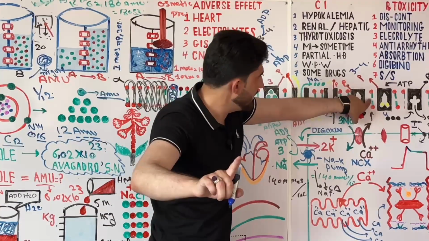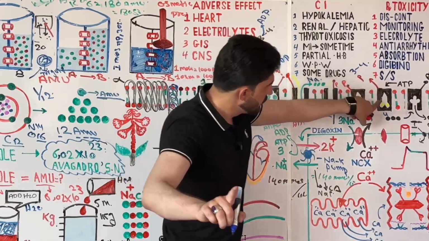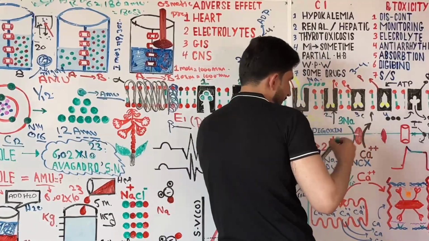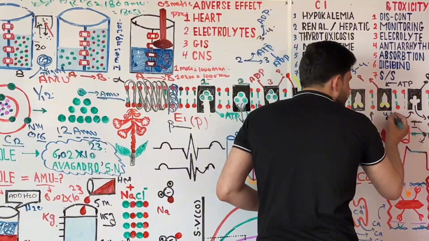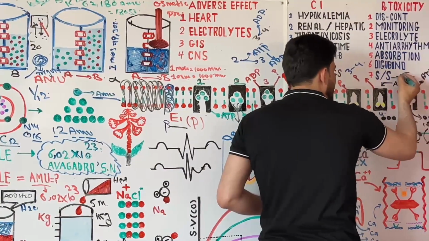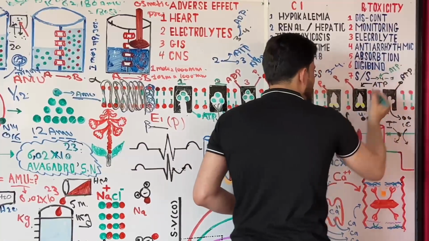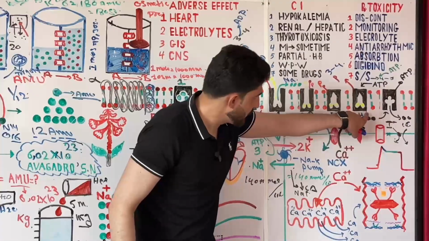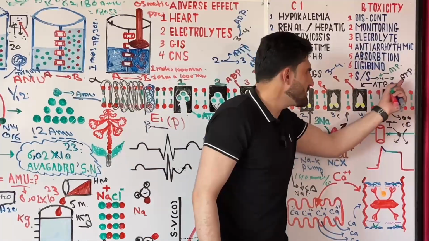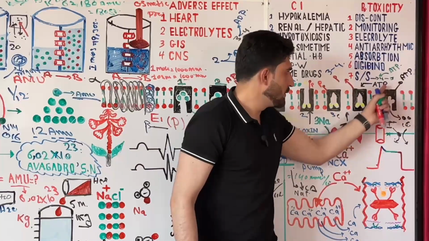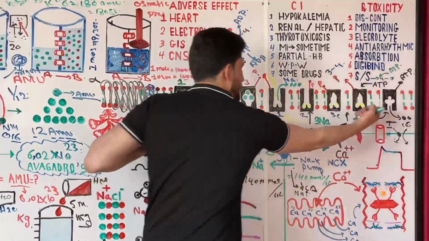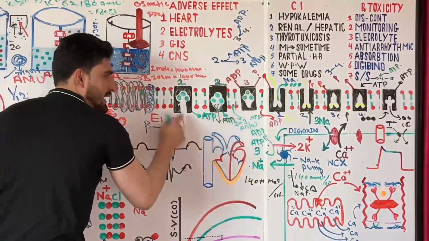When it releases this phosphate, now in stage 4 to 5, ATP will be bound here. And when ATP binds here, it goes through a conformational change once again to E1 stage.